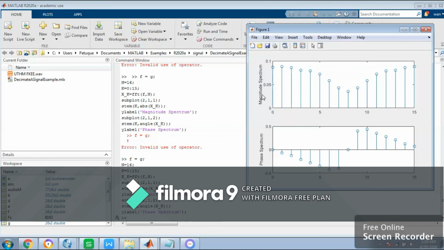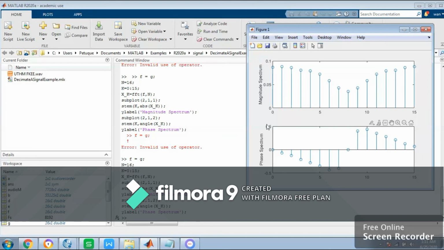You can see the magnitude of the amplified signal increases, decreases, then increases back. This is the phase spectrum of the amplified signal. So I think that's all from me.